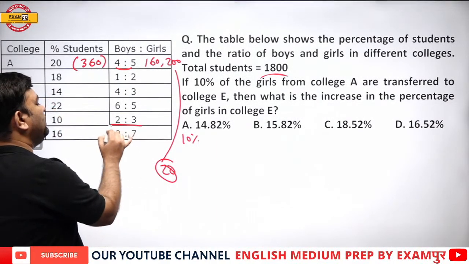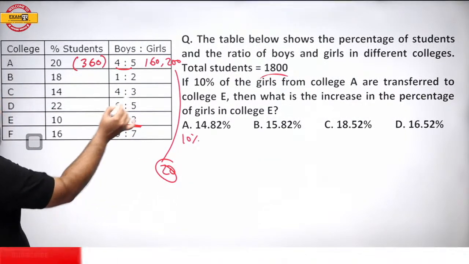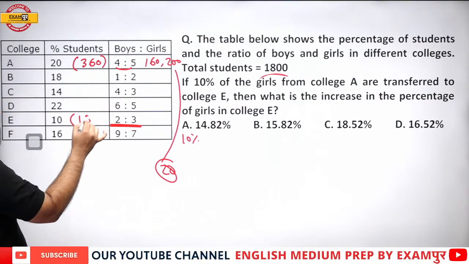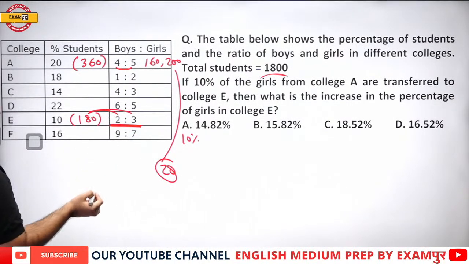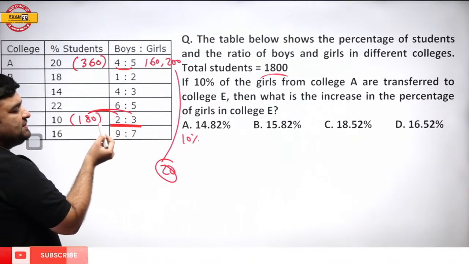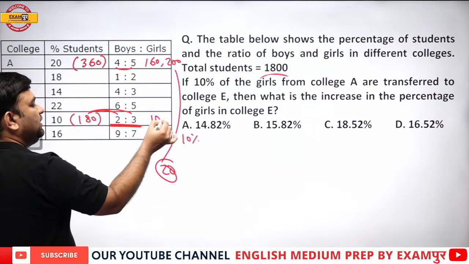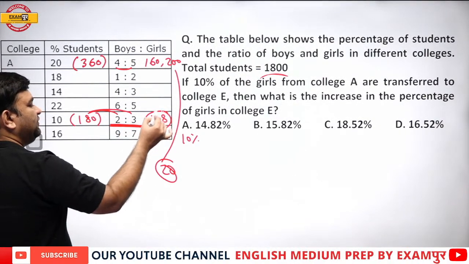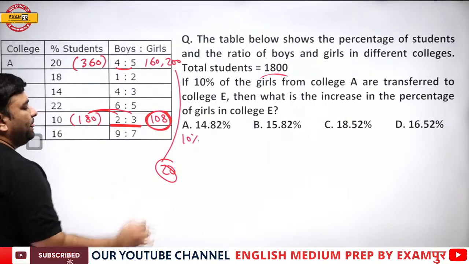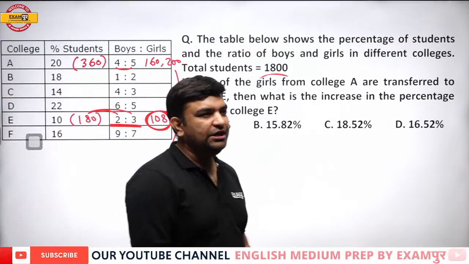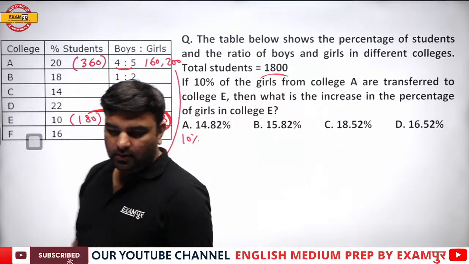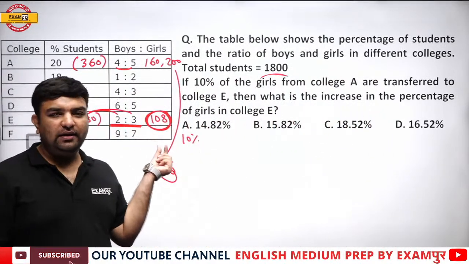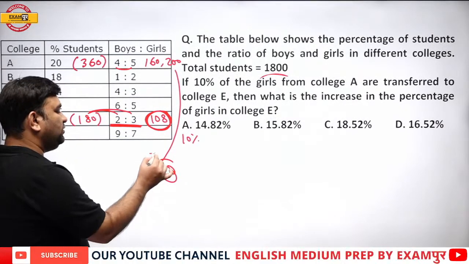How many girls are in E initially? 10% of 1800 is 180. Divide 180 in the ratio 2:5. So 5 parts is 180, 1 part is 36, and 3 parts is 108. So in E, initially there are 108 girls, and you are transferring 20 extra.